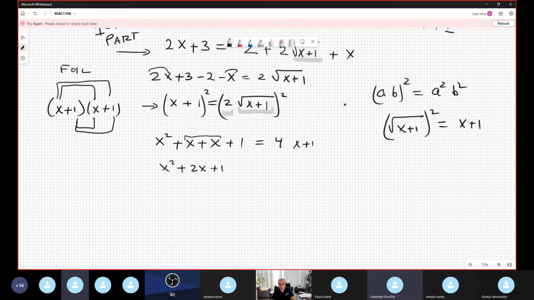However, this is multiplied by 4 entirely. So this parenthesis is super important, because without the parenthesis, according to mathematical language, this 4 would multiply only x and not 1.